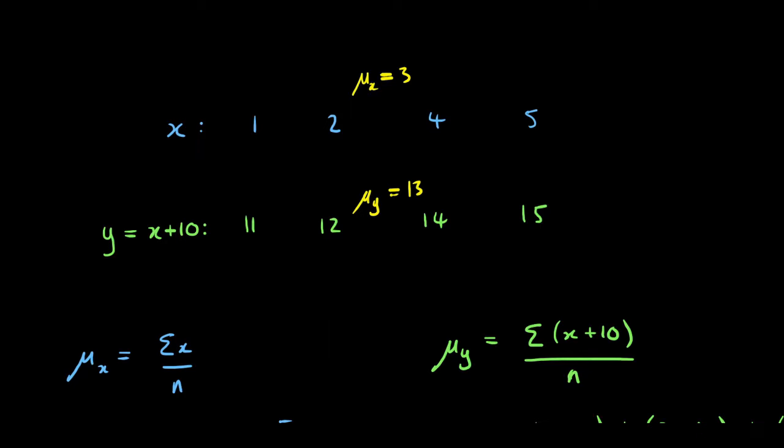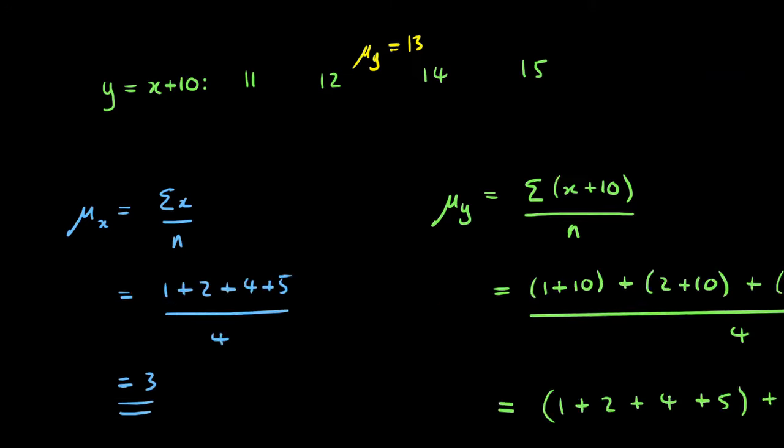Okay, so if we've got a distribution of x, we take that distribution, we add some constant value to it, so we can add 10 or 11 or 12 or 13 or whatever it is, then the mean is going to shift by the same amount, right? We take our mean, in this case, we add 10.